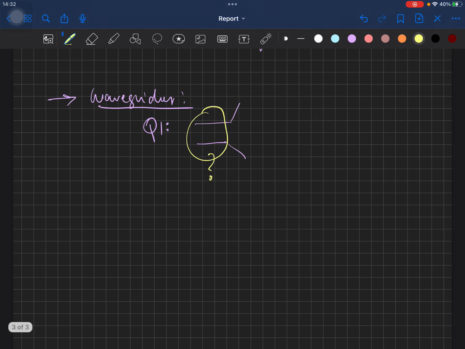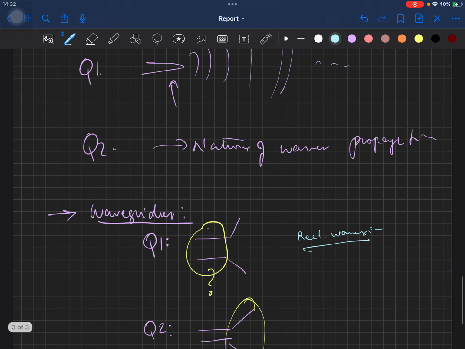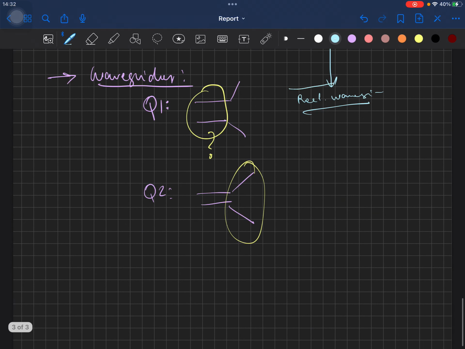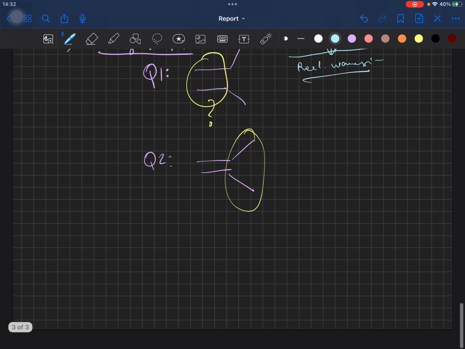Iska role kya hai? And question 2, iska role kya hai? To be more detailed, what is a rectangular waveguide? How is the rectangular waveguide responding to the above nature? The question 2 of the previous section. Rectangular waveguide plus the nature of that, how it is doing, and then what is this doing? Impedance matching, whatever they call it.